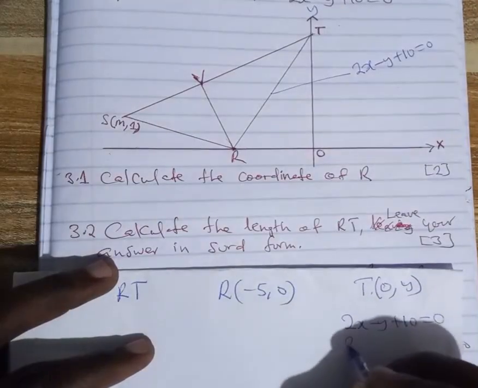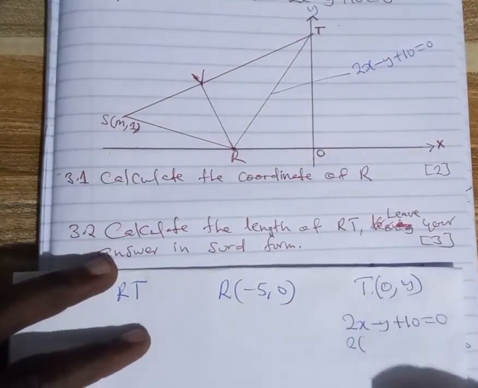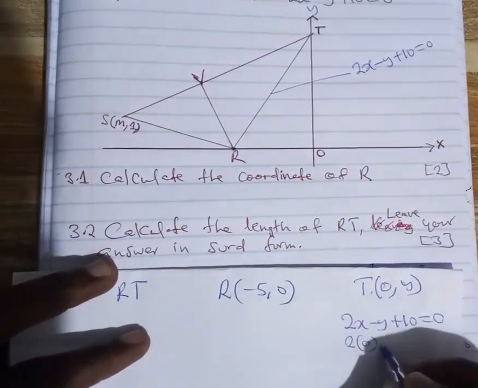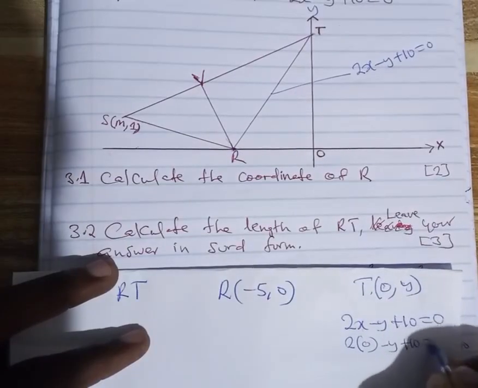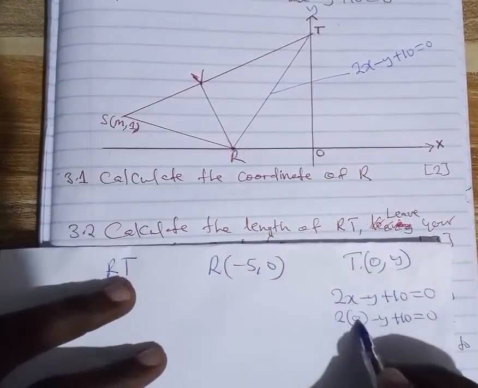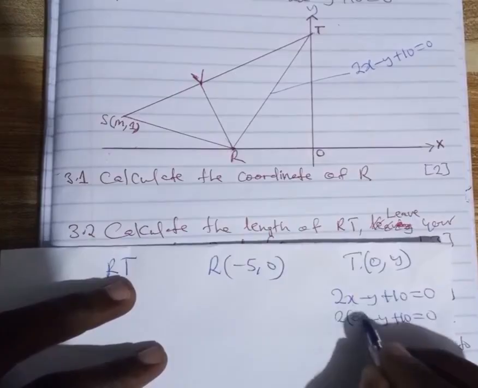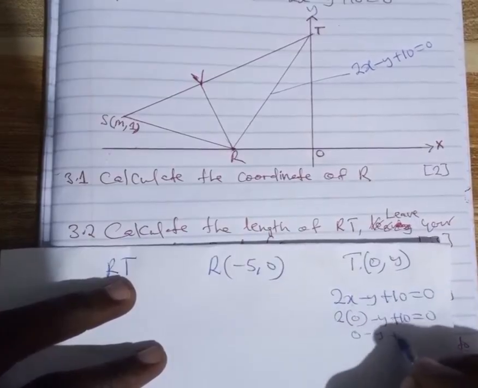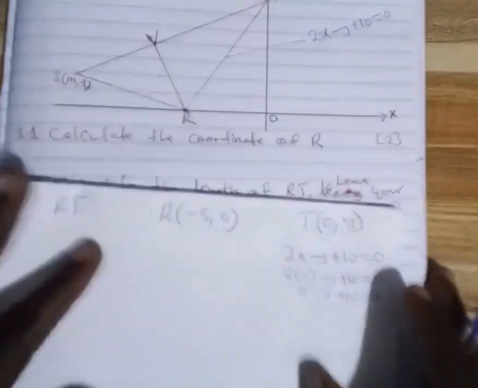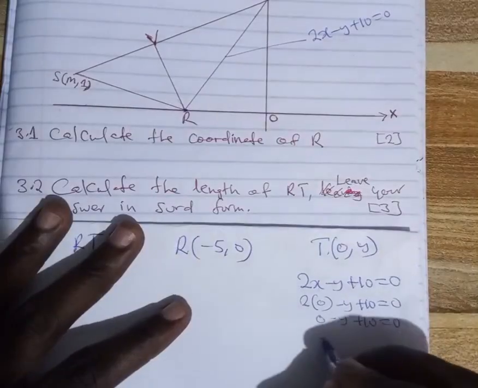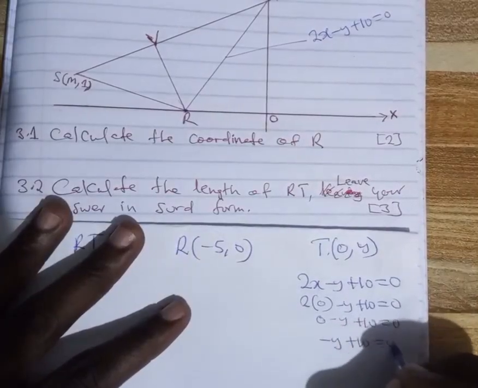So where there's x, you plug in 0. We're going to put 0 minus y plus 10 equal to 0. What is 2 times 0? It is just 0. So 0 minus y, negative y, plus 10 equal to 0.